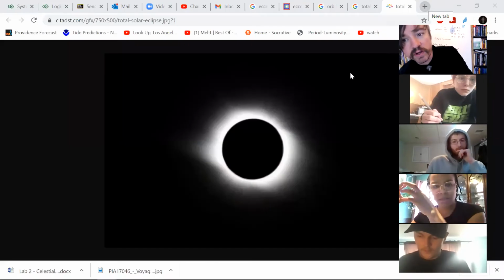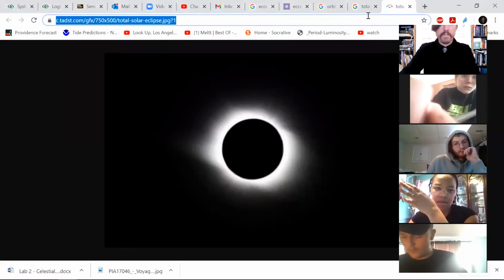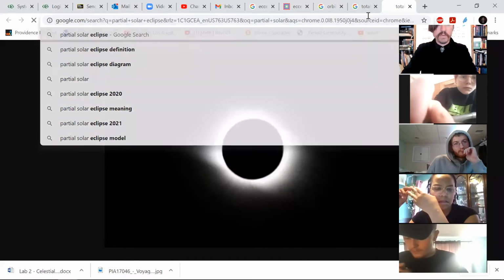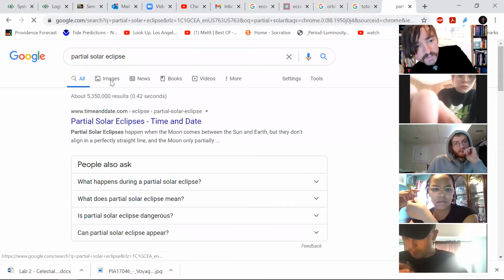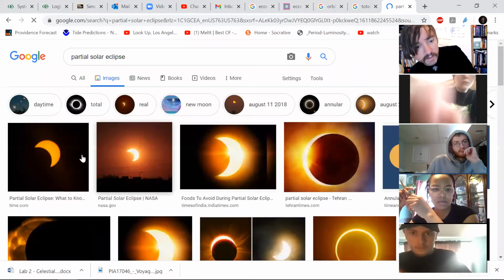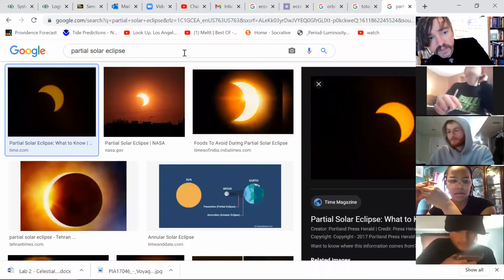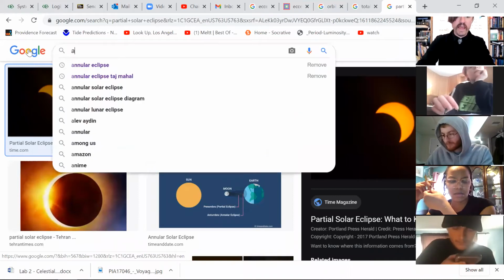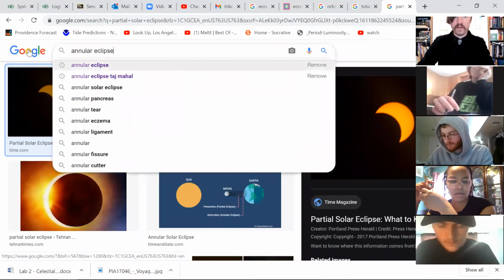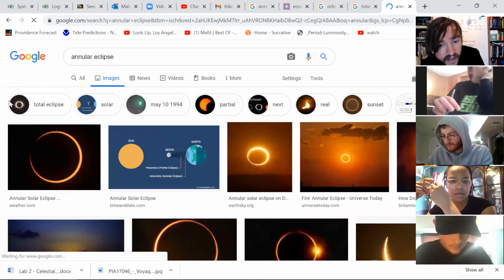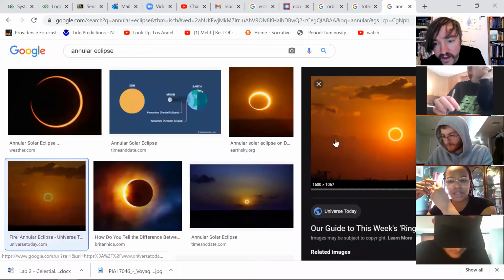There's a partial solar eclipse. A partial solar eclipse is when they're not aligned properly, so you kind of get a bite taken out of the sun by the moon. And the third type of solar eclipse is an annular eclipse.